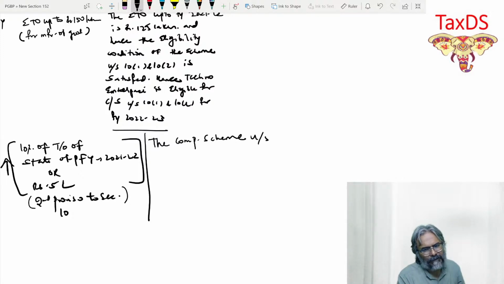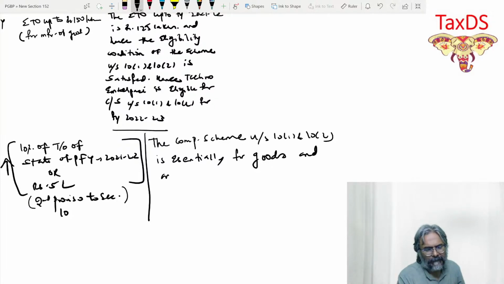The composition scheme under section 10(1) and 10(2) is essentially for goods and only one service. Only one service. Namely, which service? Restaurant service. Full stop. Next line.